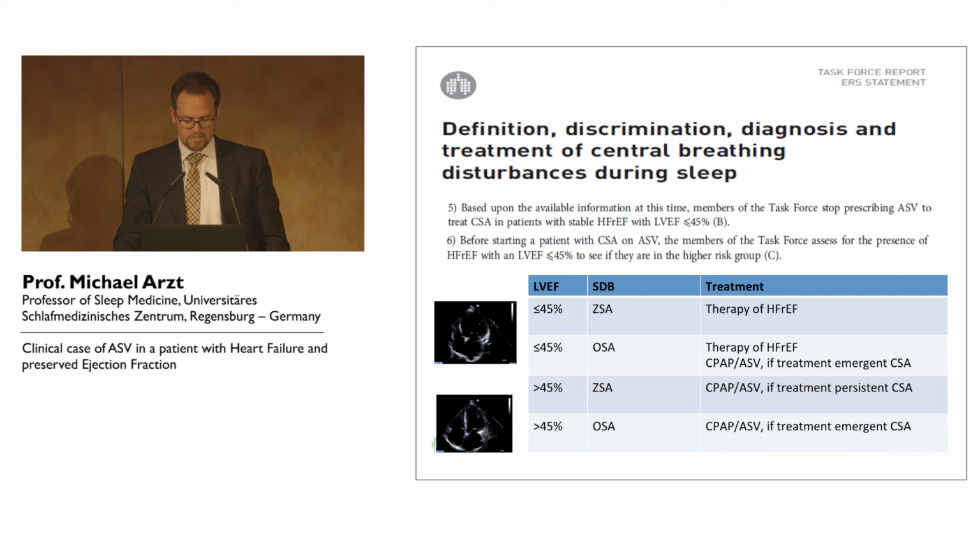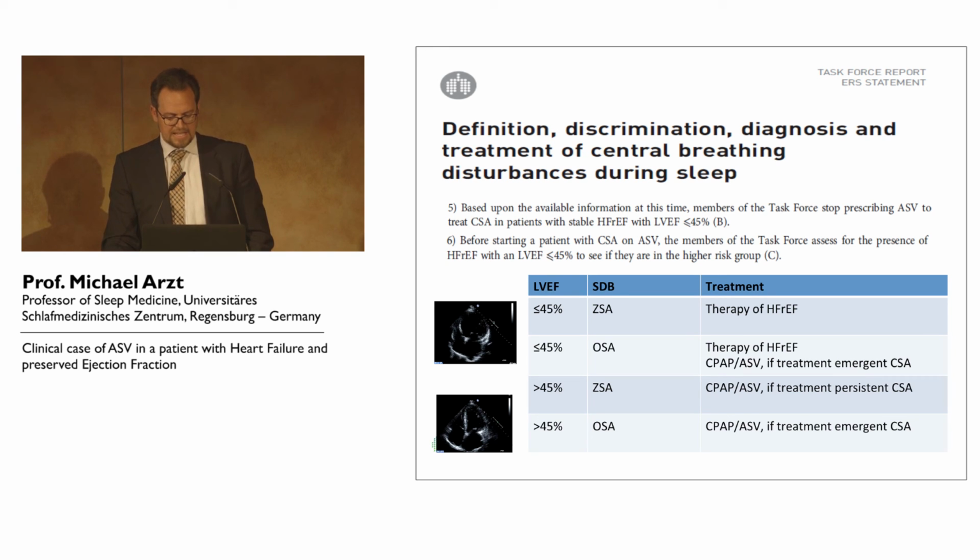When the ejection fraction is reduced and we have central sleep apnea, treatment is treatment of heart failure. In some exemptions with excessive symptoms, we might try other forms of positive airway pressure or something else. When we have obstructive sleep apnea, we can do our treatment decision as we did before, and the same is the case when the ejection fraction is above 45.